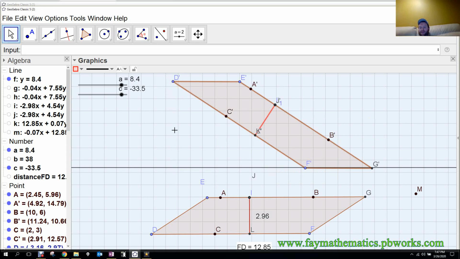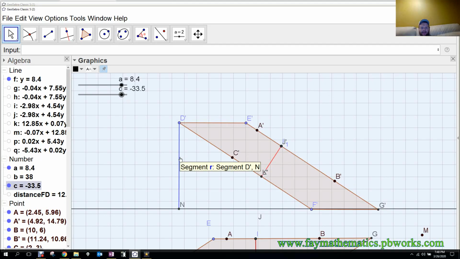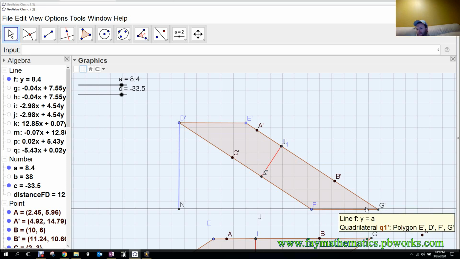Okay. So let me take a moment and I'll get this thing to show that altitude. So we'd be looking at this distance here as being our altitude. Okay. Now that could also, and I don't have it set up this way, but I could take that segment and slide it so that it was like right here or maybe right there. But there's no way that I can draw this blue segment so that it intersects that little segment there.